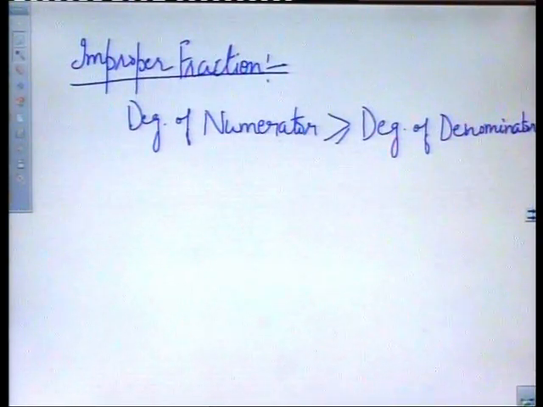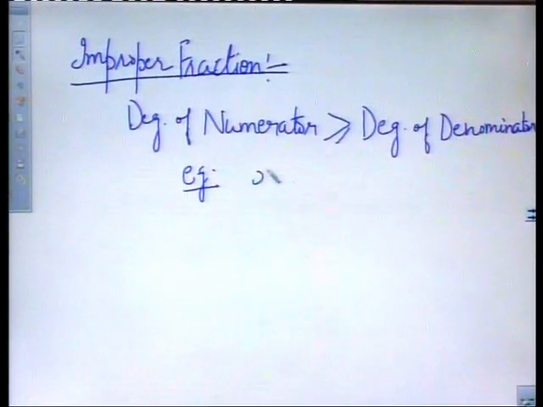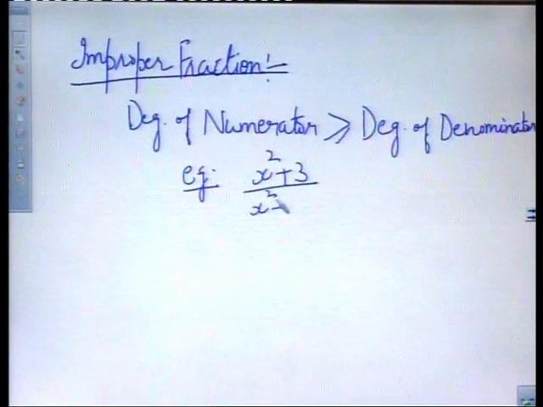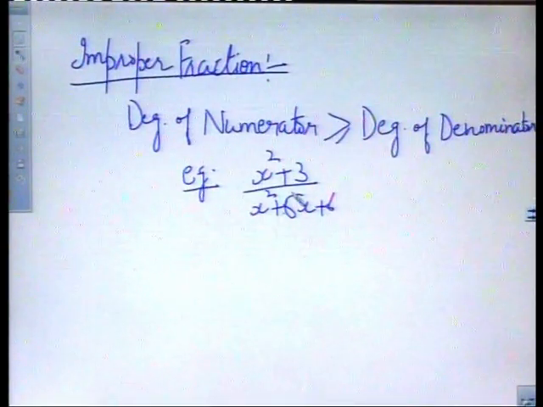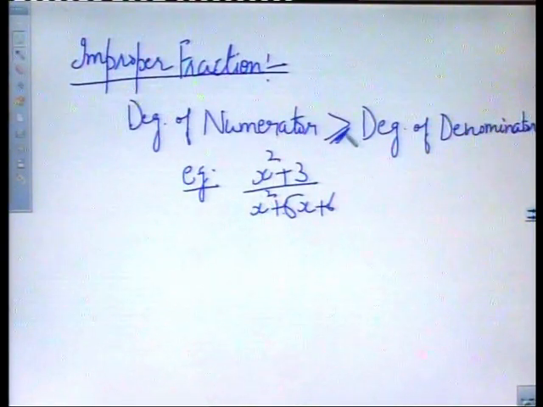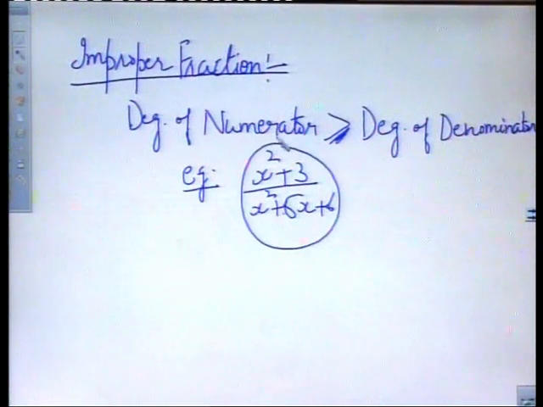An example is x square plus 3 over x square plus 5x plus 6. The degree of the numerator is 2, and the degree of the denominator is also 2. This is the case of equality, so this fraction is known as an improper fraction.